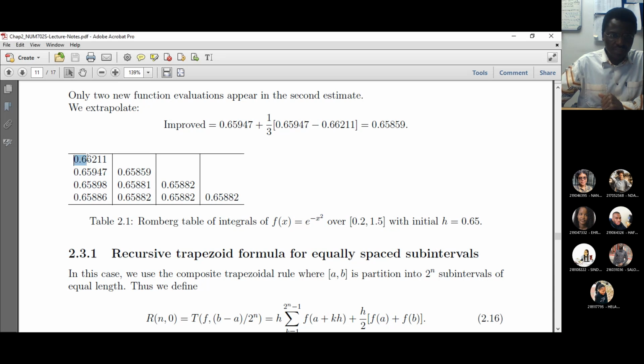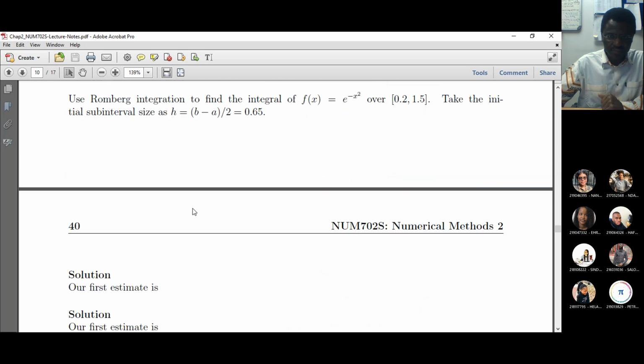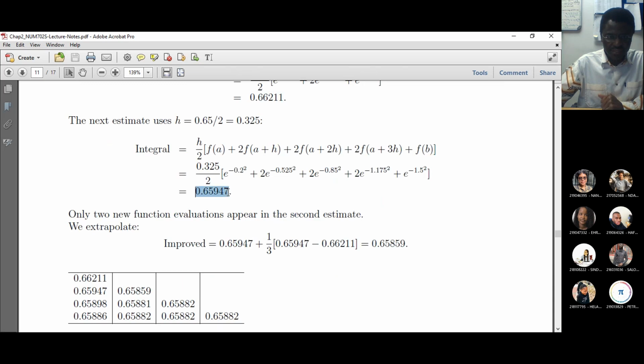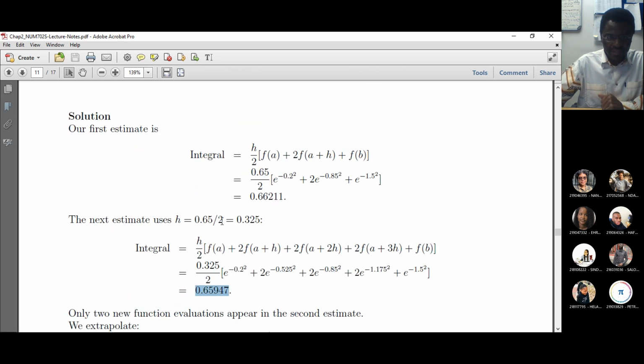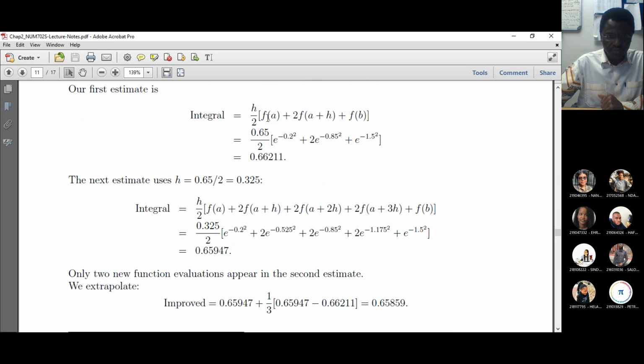The first one, this one, is already here. You can see the computation of this, and the second one is this one. Each time you just have h, and then you get the first column. So this first column, as I indicated last time, is through this formula. The number of function evaluations will be increased.